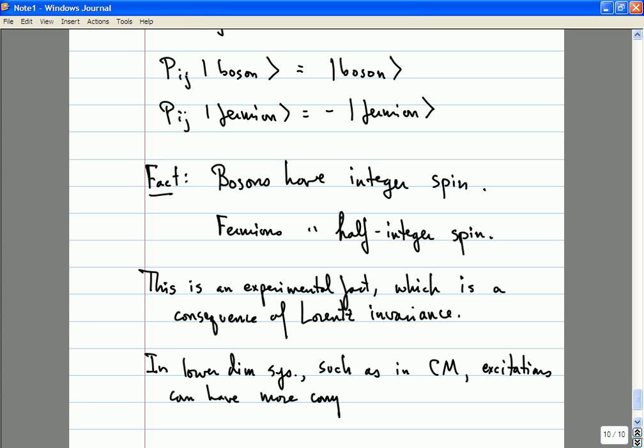That is to say, they can have more complicated transformation rules. Just as a bit of nomenclature, this is referred to as the statistics of a particle, and this is referred to as the spin statistics relation.